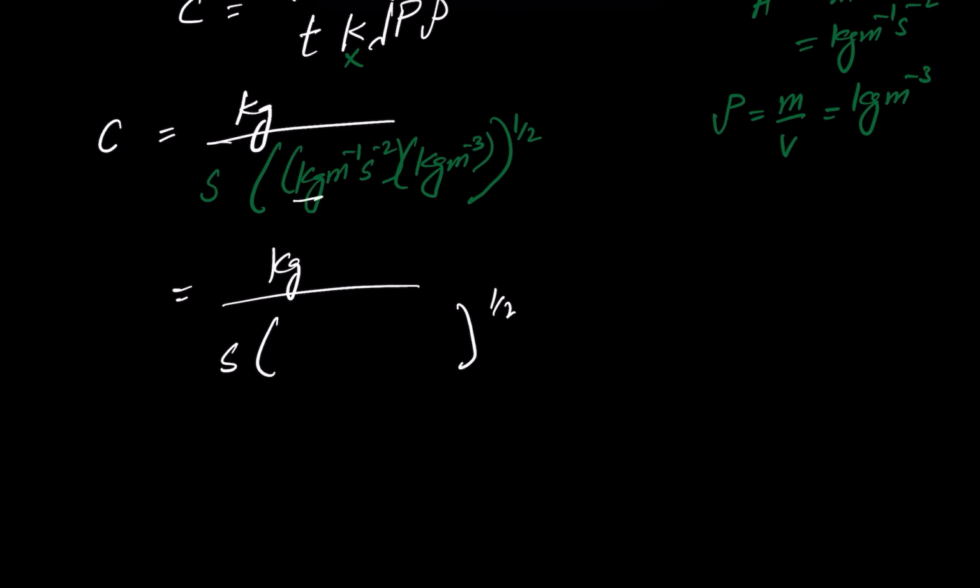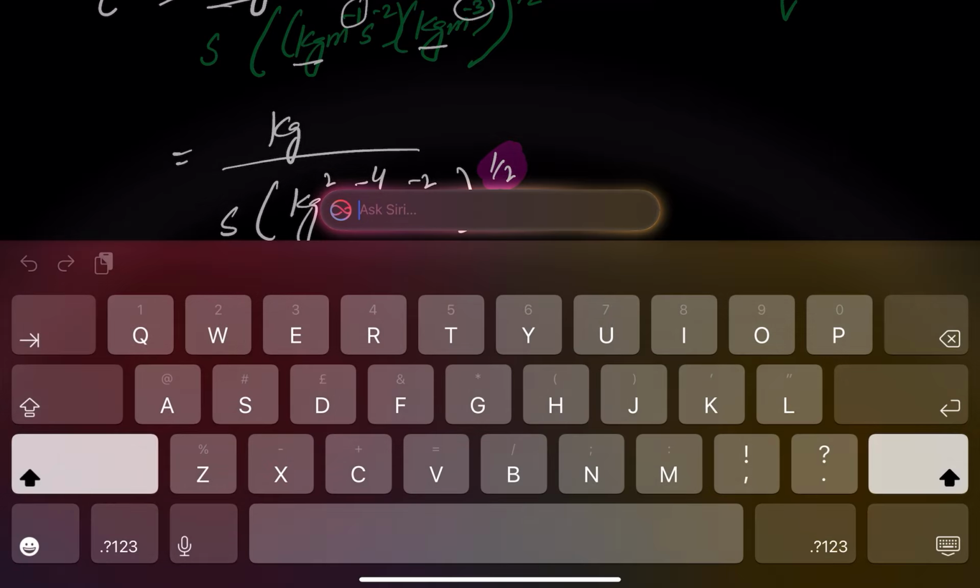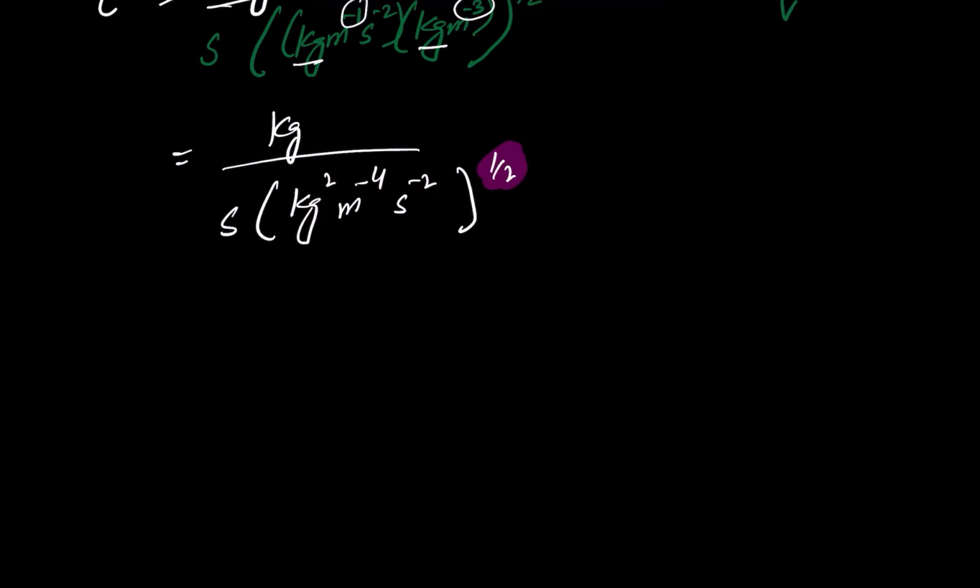It will be kg square, and this is minus 1, this is minus 3, so m power minus 4 and s power minus 2. Okay, and the whole power is 1 by 2. So when you open this thing, this 1 by 2 will be divided. Let me write it down. It will be divided here, here and here.